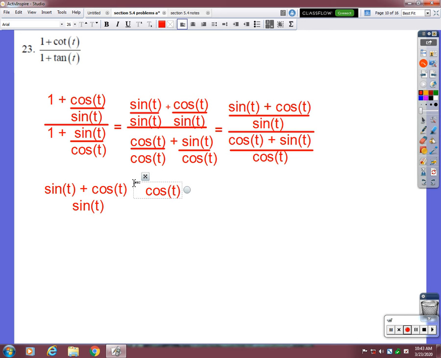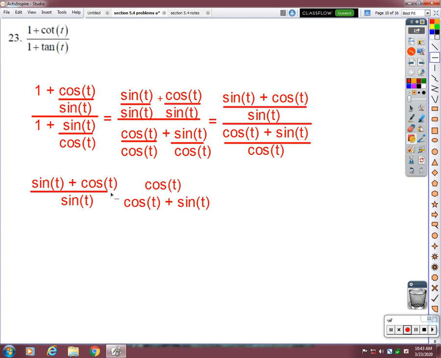The cosine of t is on the bottom, and cosine t plus sine t. So the cosine t from the bottom comes to the top, and this stuff from the top goes to the bottom because we're multiplying by the reciprocal.